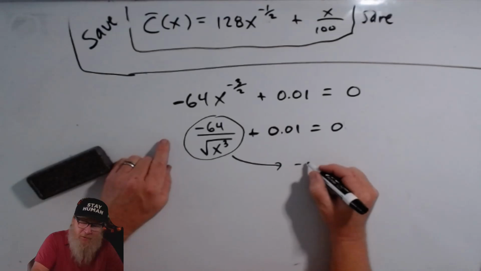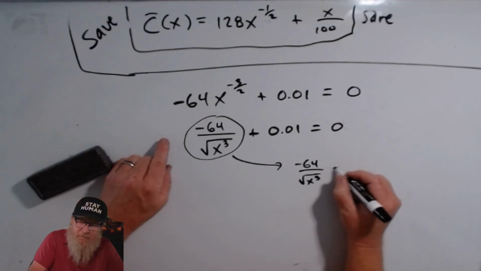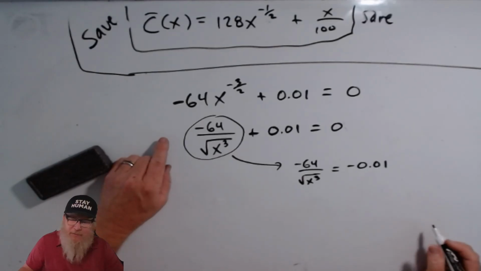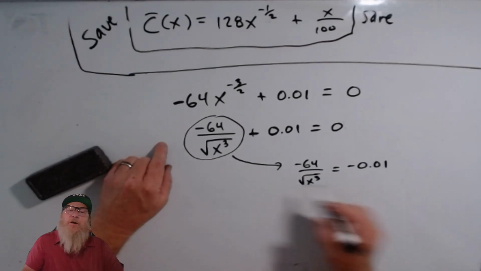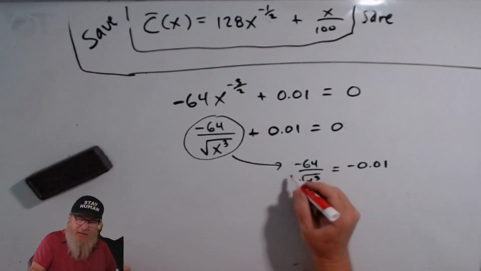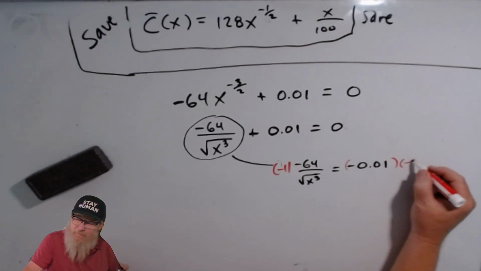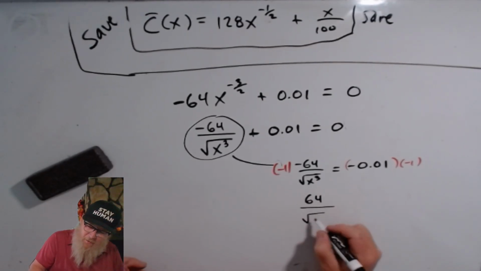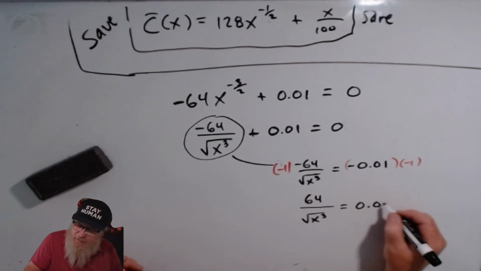In order for this to equal 0, this must equal negative 1 cent. Or you could multiply both sides by negative 1 and just say 64 over the square root of x cubed equals positive 1 cent.